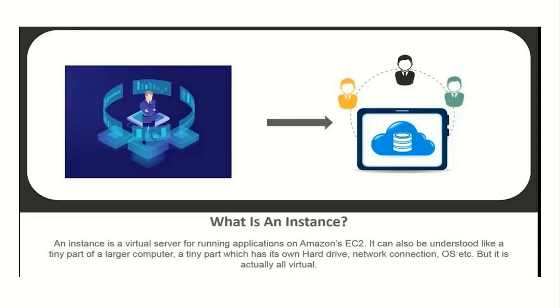Let's try and understand what this definition has to say first, and then I would throw in some more light on that. As far as this definition goes, an instance is nothing but a virtual server for running applications on Amazon EC2.